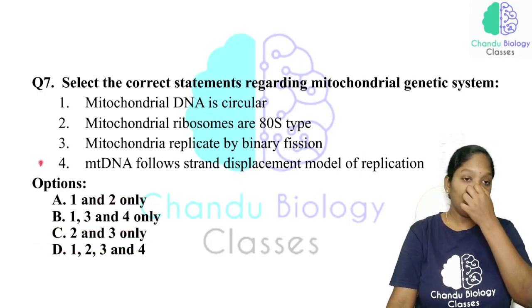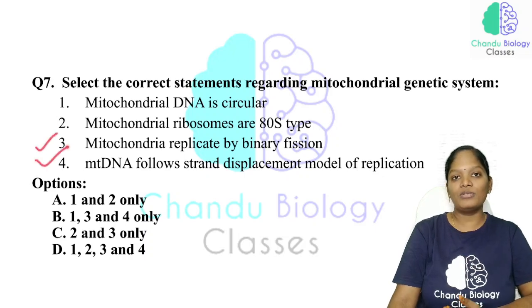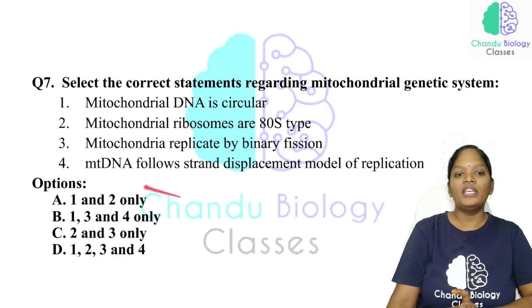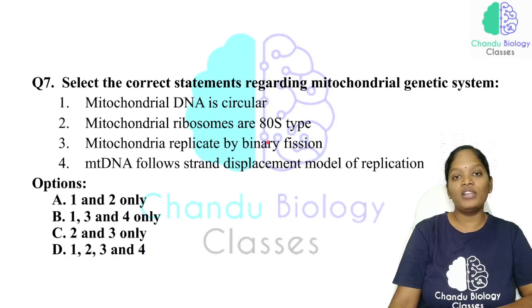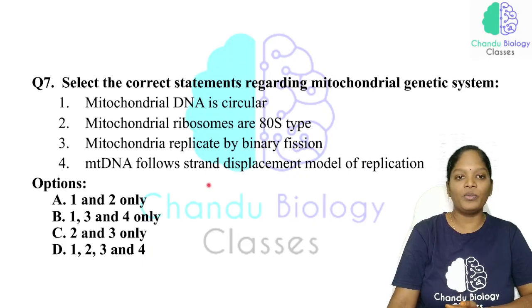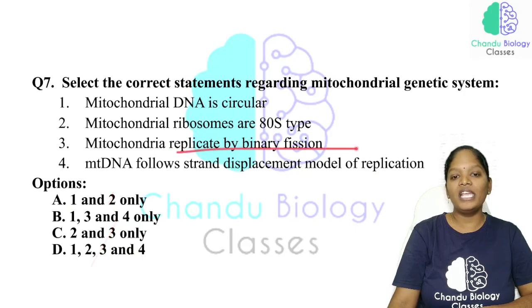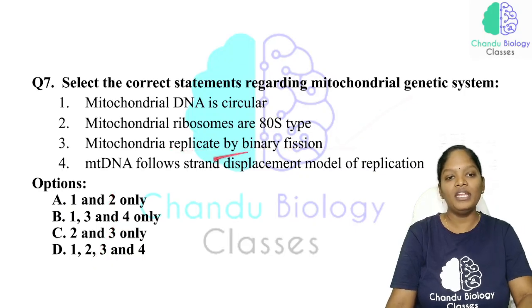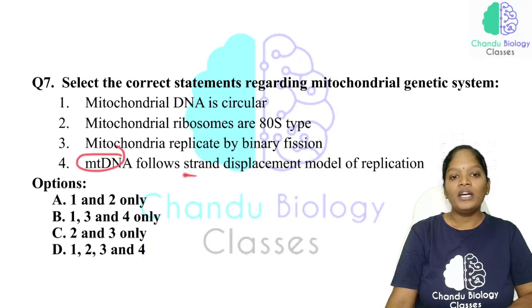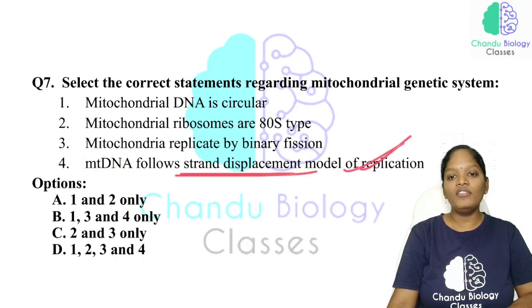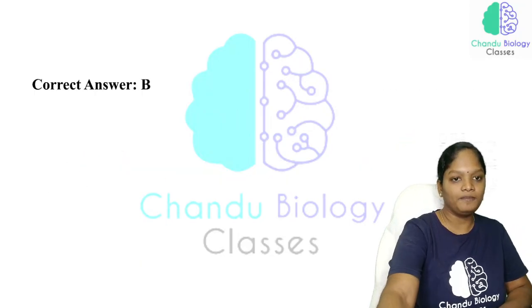So even though we didn't read about options 3 and 4, we can easily come to the right answer. That is why the option elimination technique will save your time as well as eliminate confusion. Mitochondrial DNA is circular, and they have 70S type ribosomes. They replicate by binary fission is a right statement, and they follow the strand displacement model of replication. So this is a right statement.